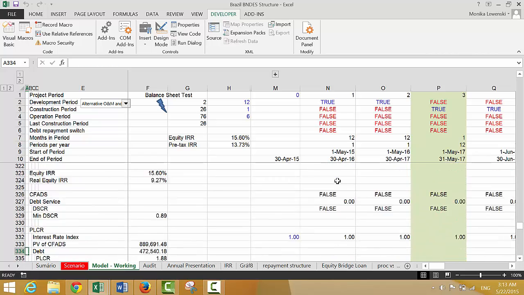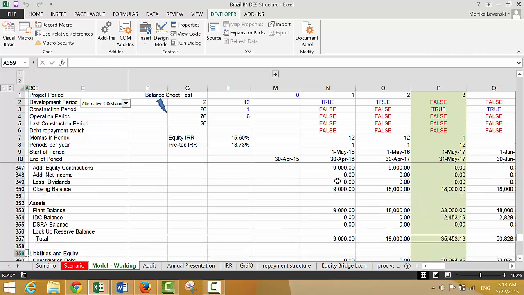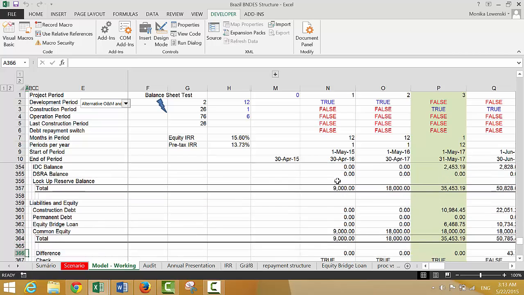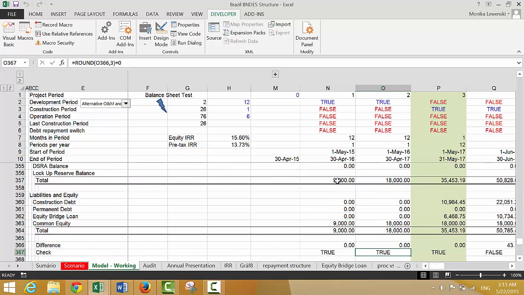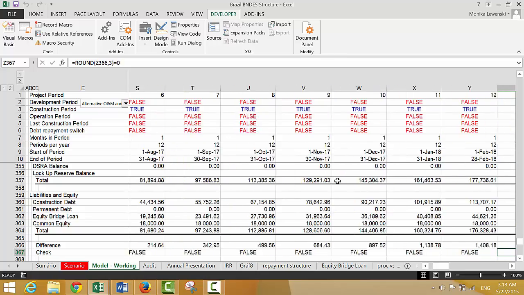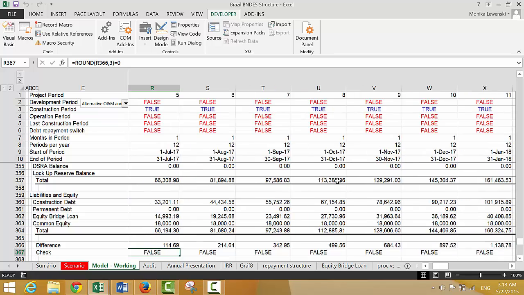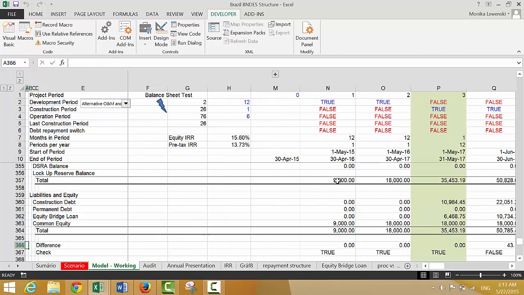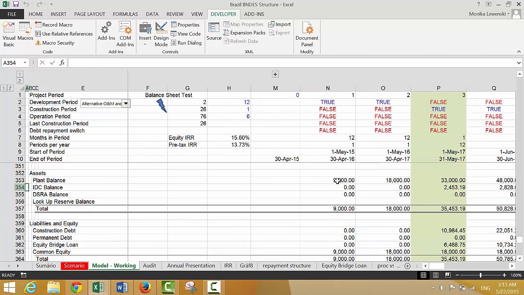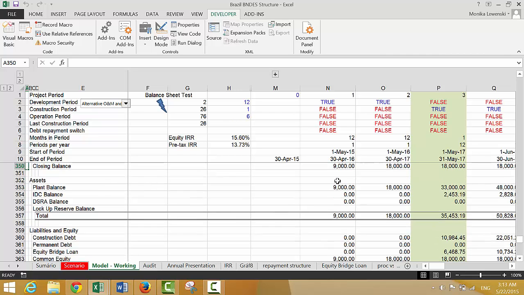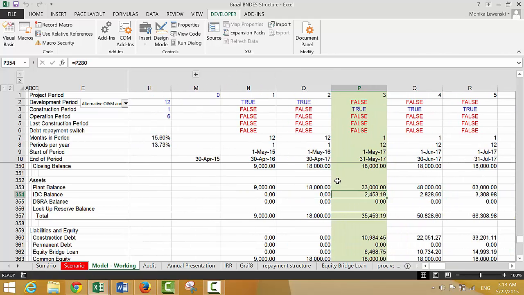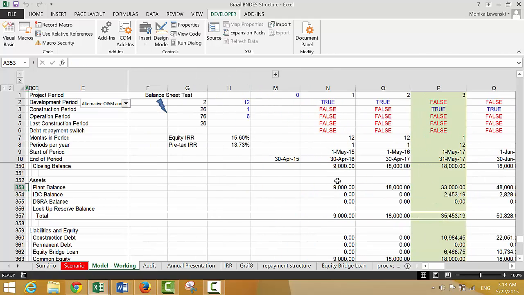So now I'm going to get just as sad as I was happy, because here it doesn't balance. So I think I must have done something wrong on the... Oh, yeah, the IDC balance includes the interest on the loan.